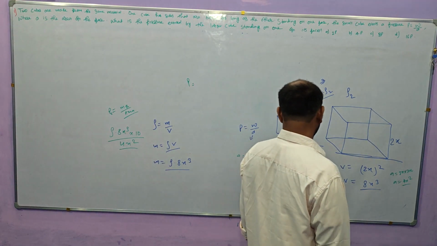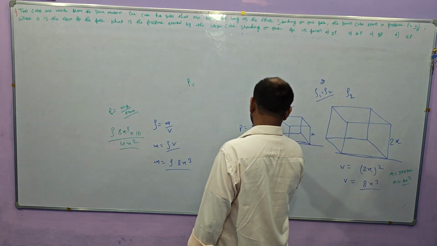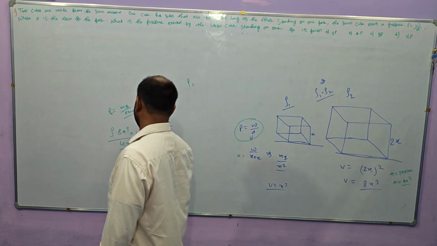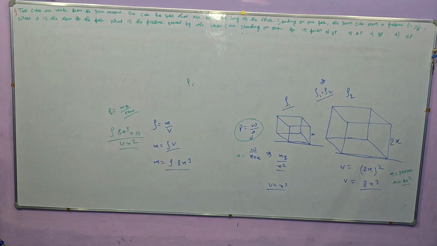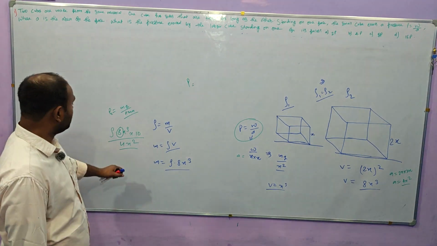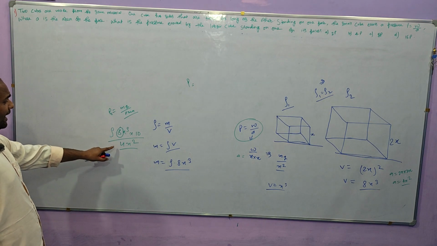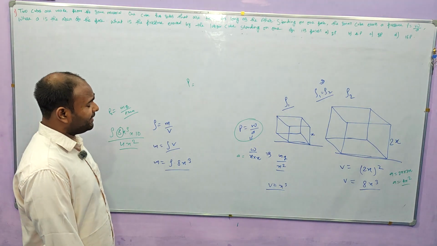When we relate with this, P is equal to W upon A, then we get 8 times in volume, 8 times in force, and 4 times in area.